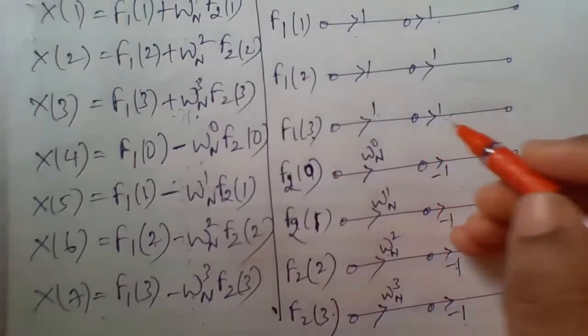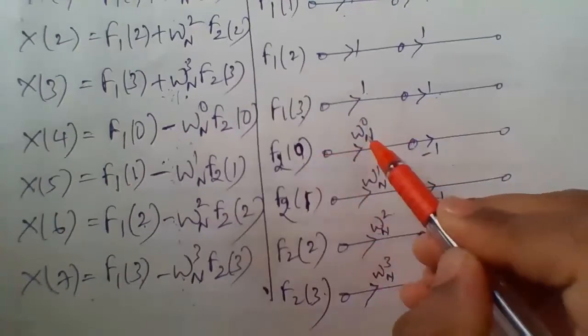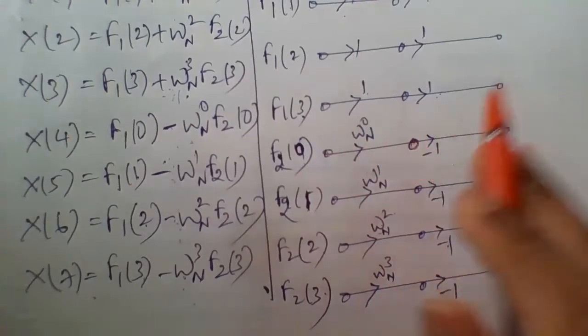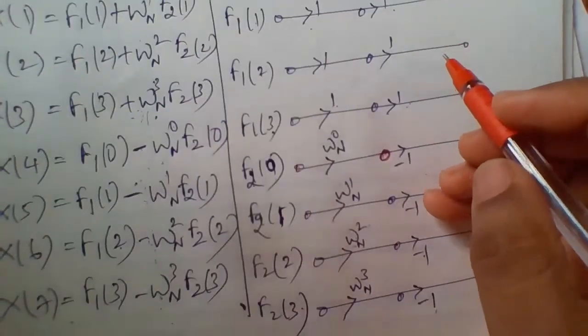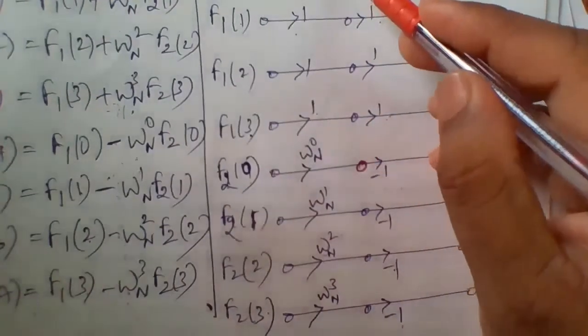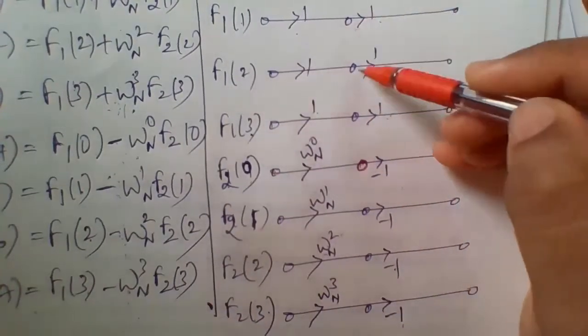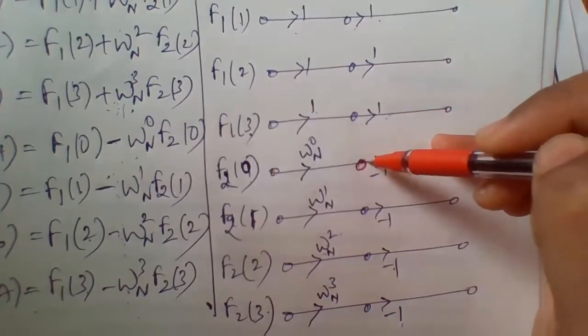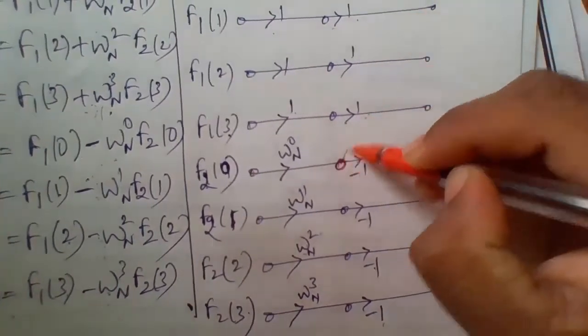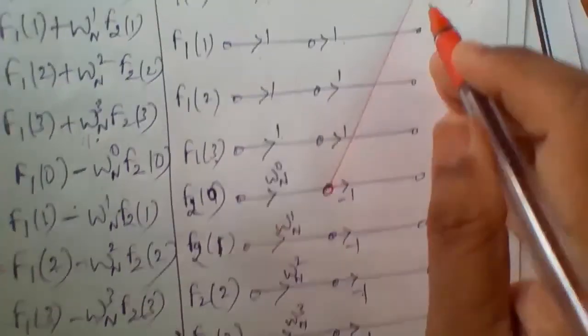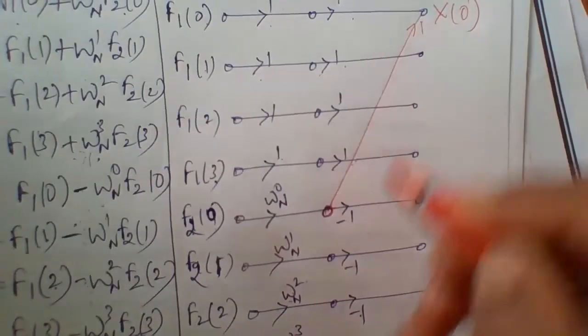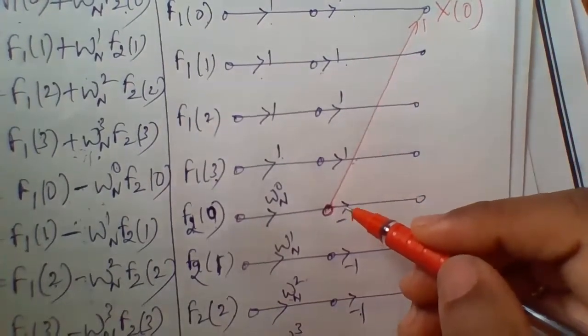This product is already available at this node, so I will join the fifth node with the first one, and its branch value is 1 of course.